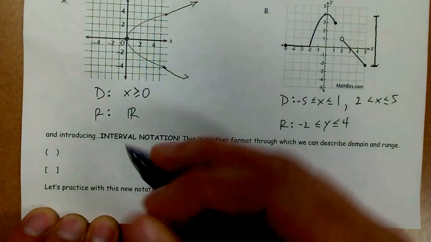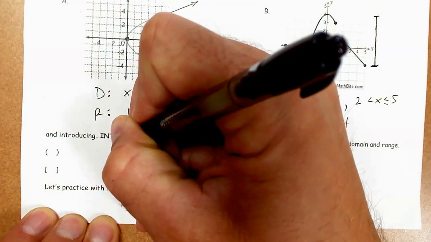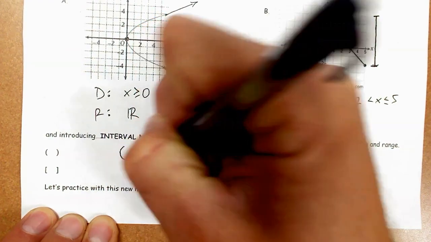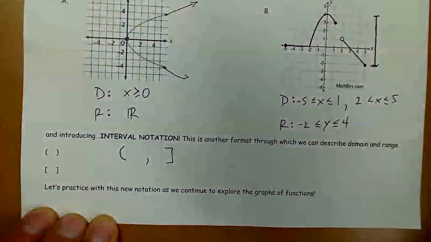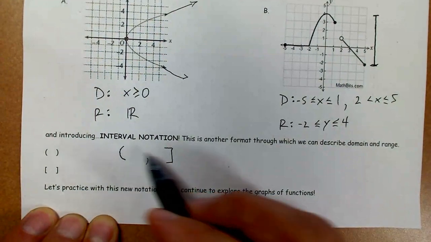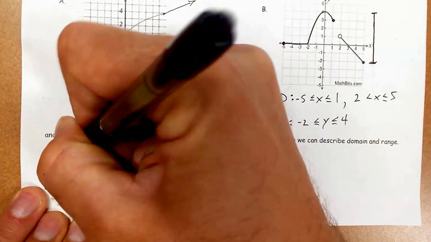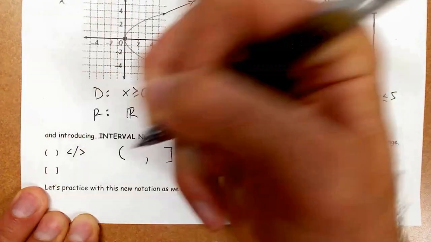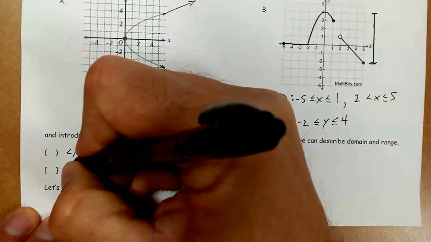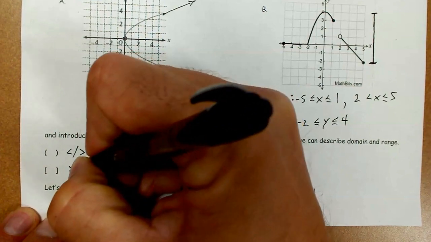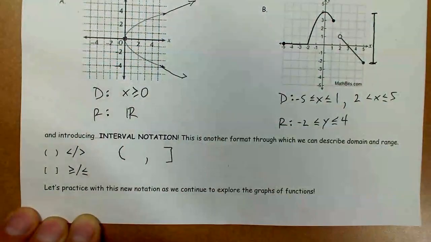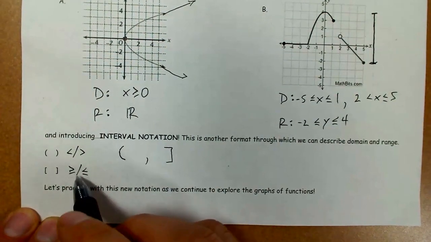When you're talking about interval notation, there's a couple things first. It's always going to be two numbers like this. Now, they'll either be parentheses or brackets. Parentheses are when you're talking about just greater than or less than, and brackets are when you're talking about greater than or equal to, less than or equal to.